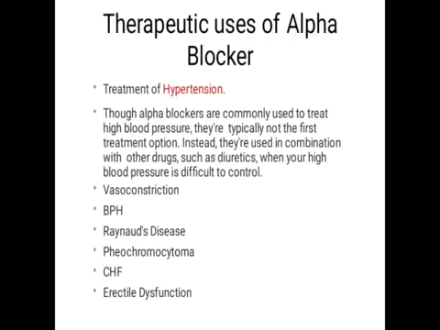So what are the therapeutic uses of alpha blocker? In treatment of hypertension, alpha blocker can be used. Generally alpha blockers are used to treat high blood pressure, and generally used in combination with agents like diuretics when we have to decrease the increased pressure.